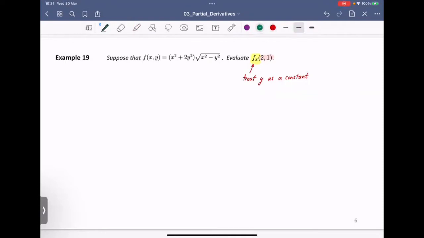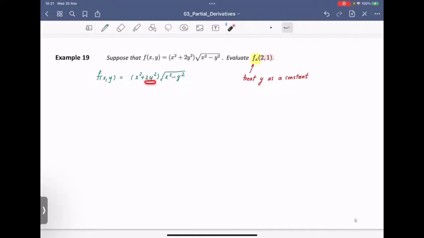So first we have f(x, y) equal to (x squared plus 2y squared) times the square root of (x squared minus y squared). Now you're going to treat y as a constant. Let's look at the function f first.